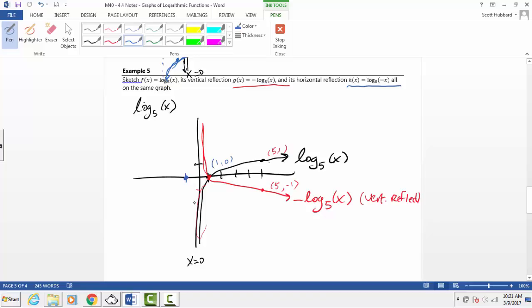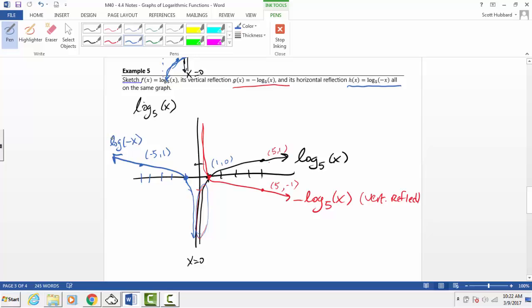This point here was (5, 1), so now it's going to be at 1, 2, 3, 4, 5, and the y is going to be the same. It's going to be over here. So now this is going to be (-5, 1). And all these guys, which were positive x values, are now going to be swapped over here to be negative x values. And so this is my graph. And so that's the log of negative x.